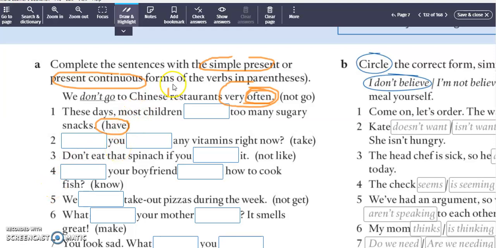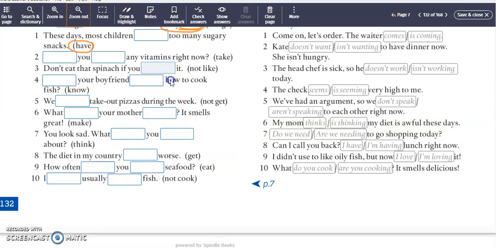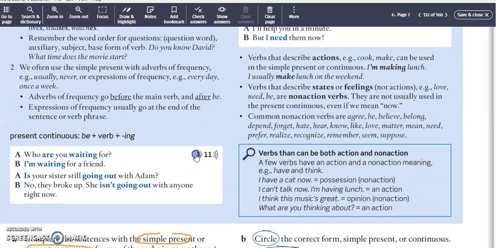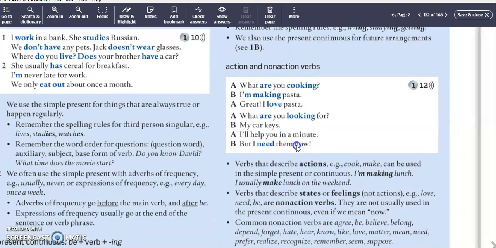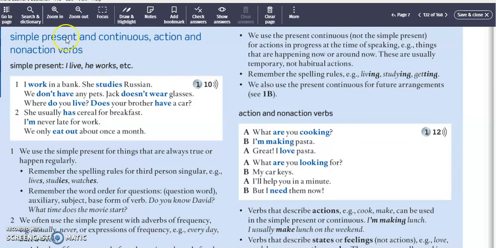You're going to see that we usually use action and non-action verbs with each of these two tenses.